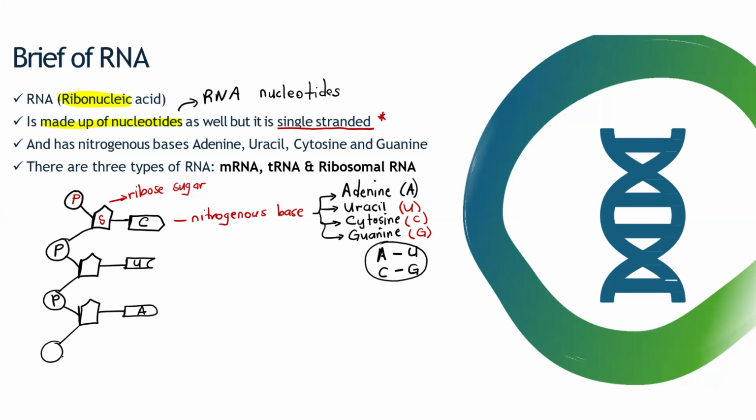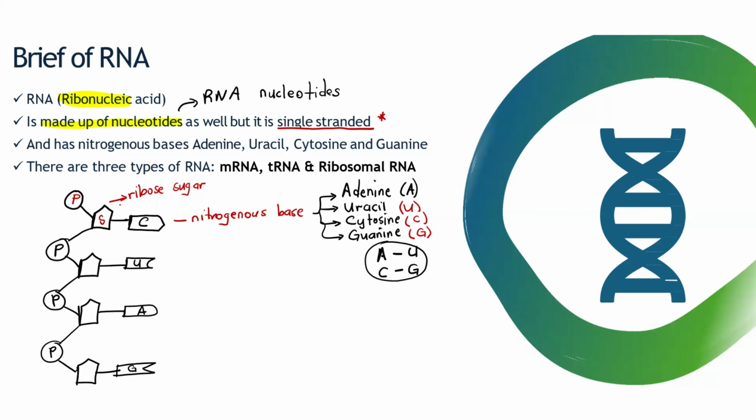It's just one chain of polynucleotides, one polynucleotide chain. We don't have any weak hydrogen bonds here when it comes to RNA. So let's not put weak hydrogen bonds. So let's say this is our guanine. So this is a complete RNA molecule. But the RNA has got only one strand.